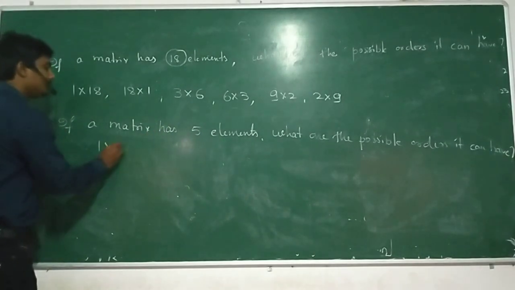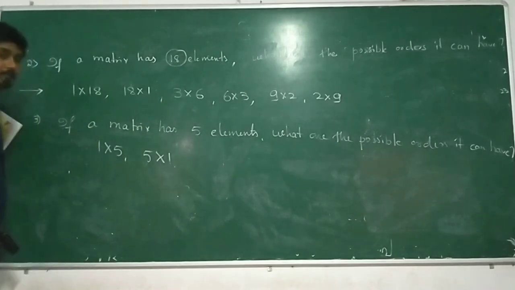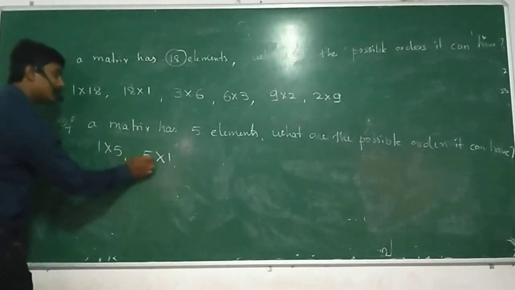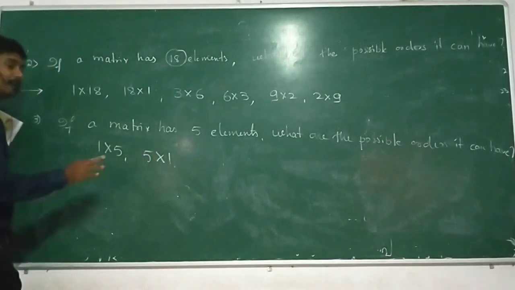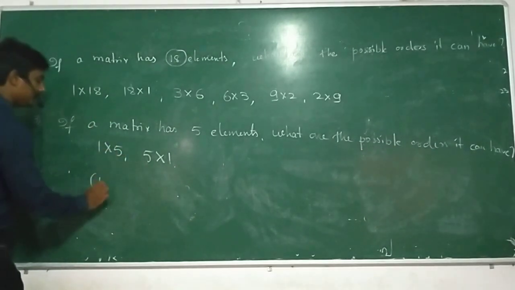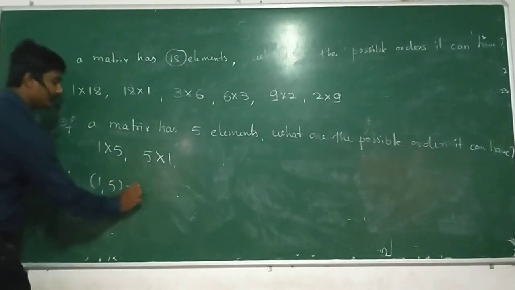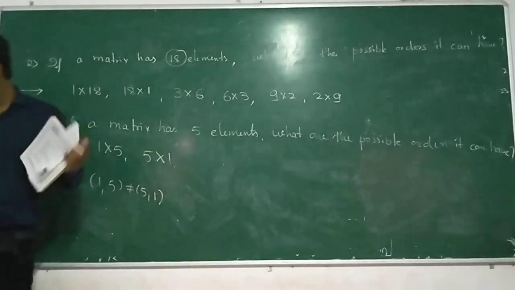Then your answer will be 1 by 5 and 5 by 1. Don't get confused: are 1 by 5 and 5 by 1 the same? They are not the same, because I have used the words ordered pairs. So when I say ordered pair, (1,5) is not equal to (5,1). Okay.